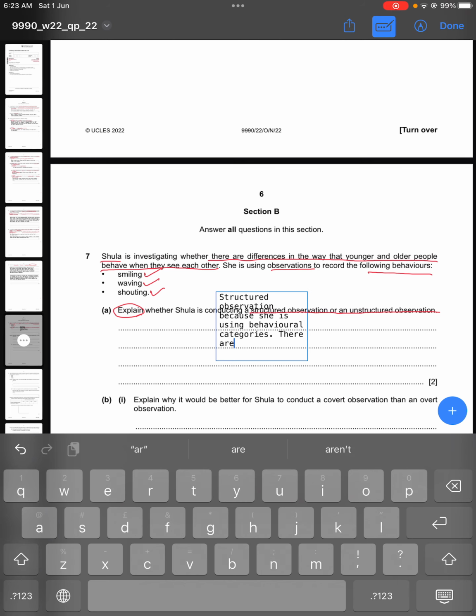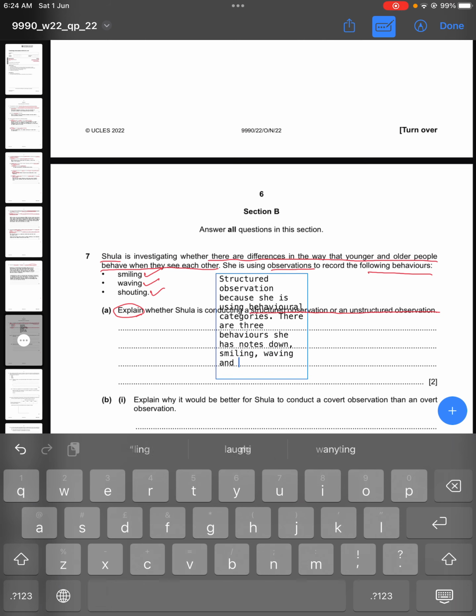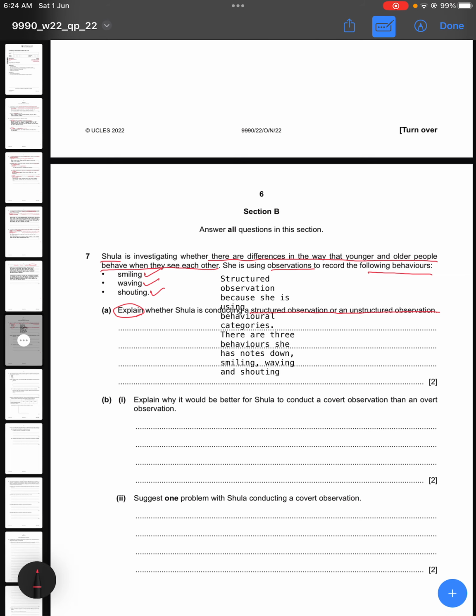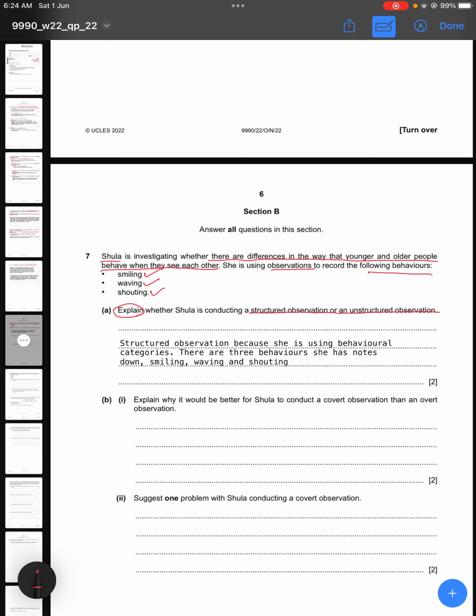There are 3 behaviors she has noted down: smiling, waving, and shouting. So 1 mark was for explanation and the other mark was for linking it to the study, linking it to Shula's study.